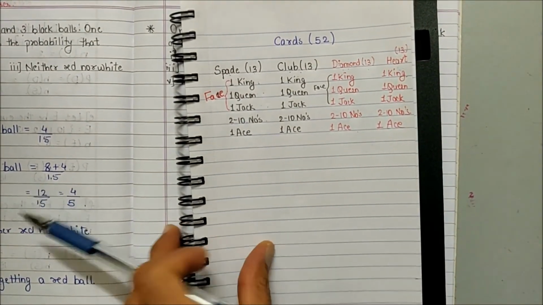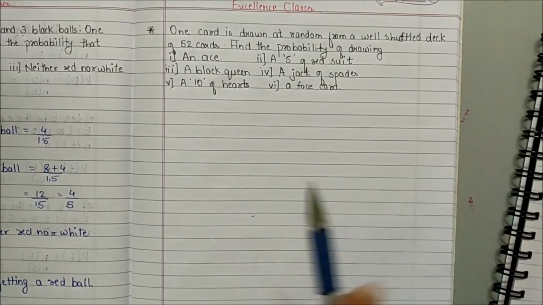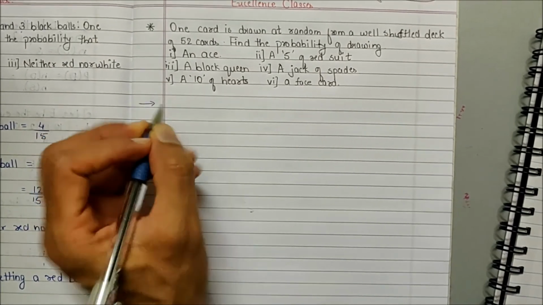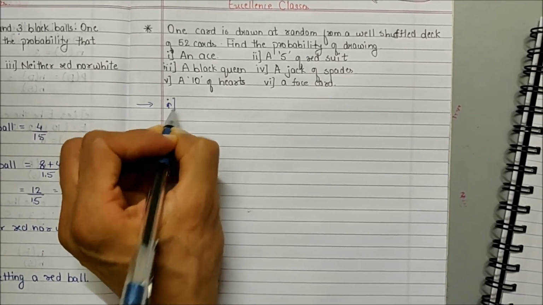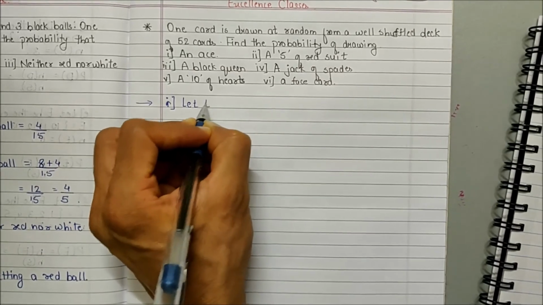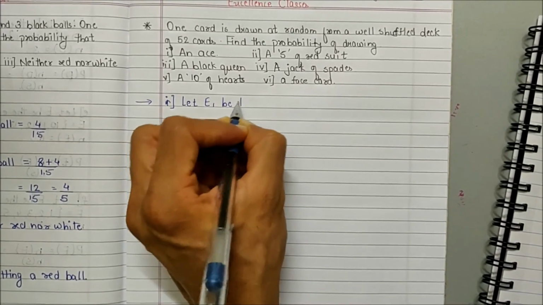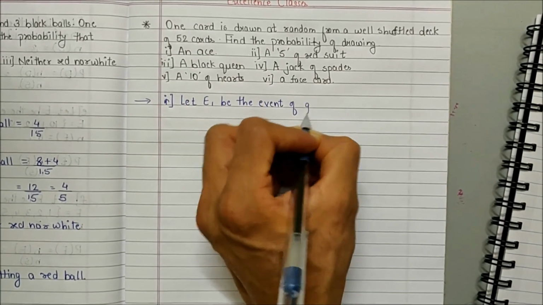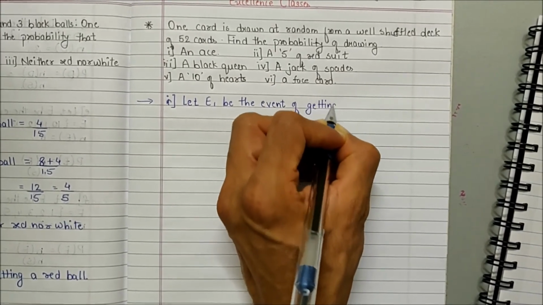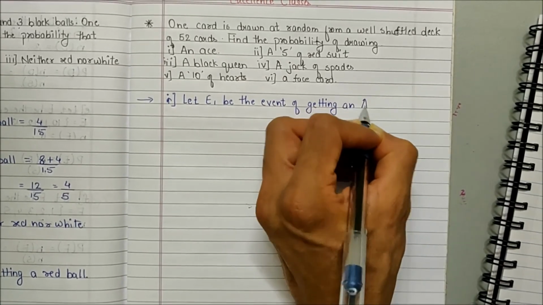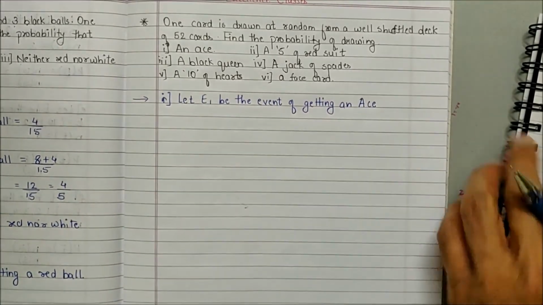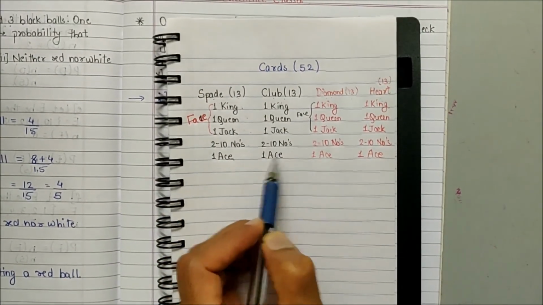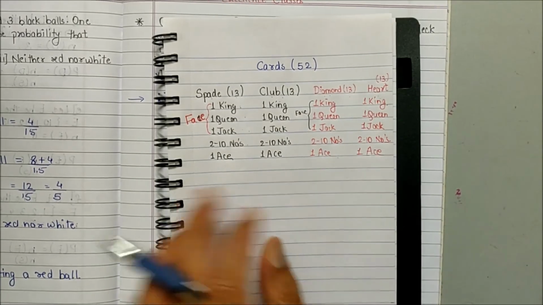Now let us get back to the question that we need to solve. Here first they have asked us to find an ace. So let us consider an event. Let E1 be the event of getting an ace. Ace is one of spade, one of club, one of diamond and one of heart.